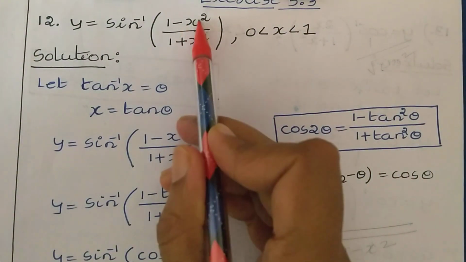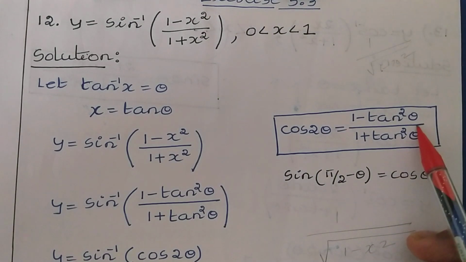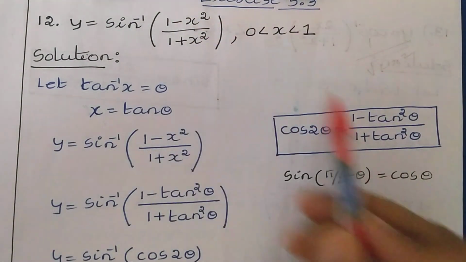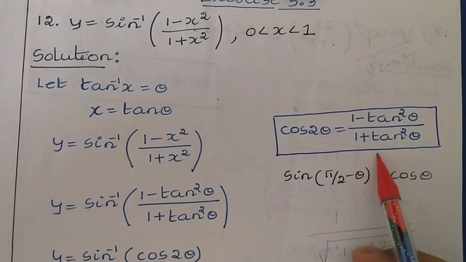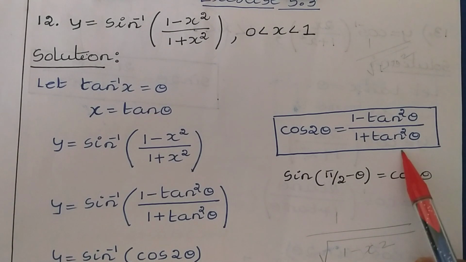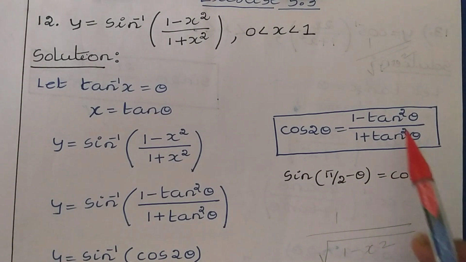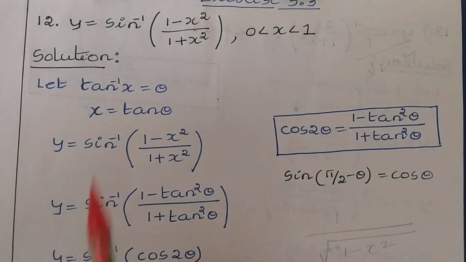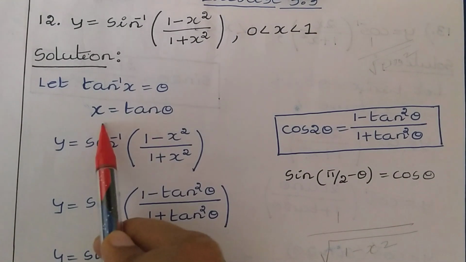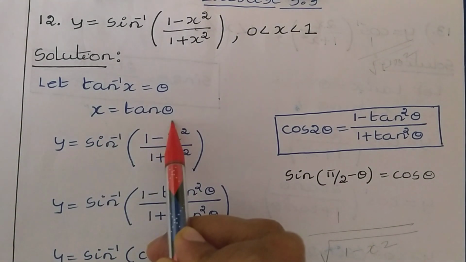Here we have x square, here we have tan square theta. Minus, minus, plus, plus. That means if you compare this with this trigonometric identity, here we can take x as tan theta. So first let us take tan inverse x is equal to theta. Then we get x is equal to tan theta.